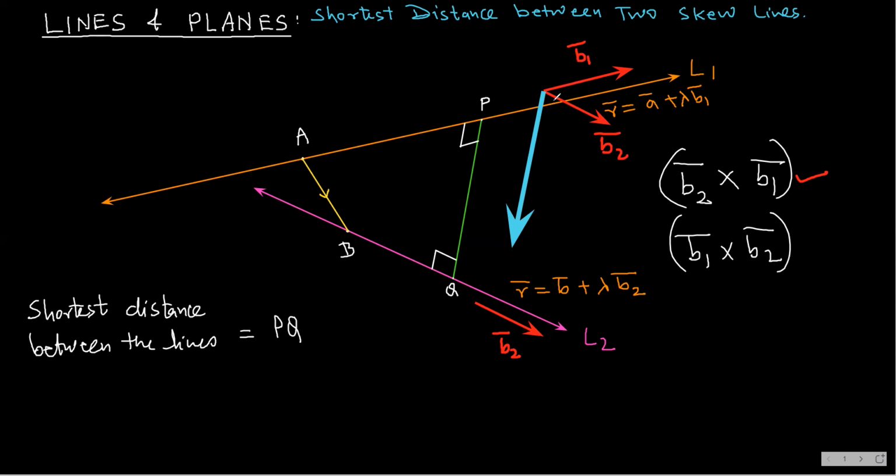You can check B1 bar cross B2 bar is perpendicular to both. It is perpendicular to B2 bar. It is also perpendicular to B1 bar. And if you have B2 bar cross B1 bar, then B2 bar cross B1 bar will be this way.